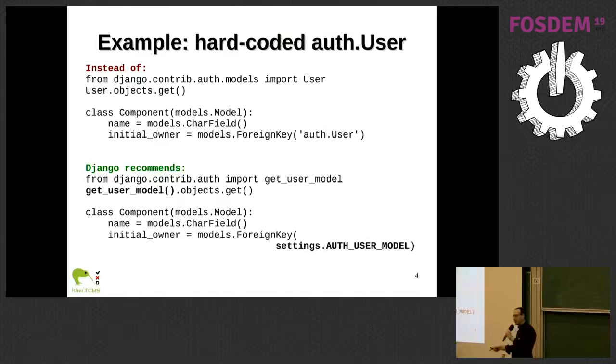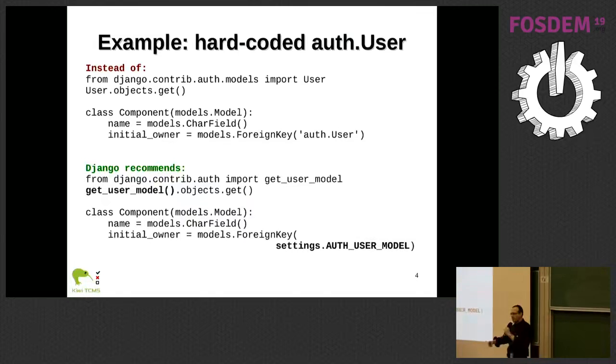We have a helper function which will give you the actual model at runtime, and you can query that. All of this is designed to facilitate downstream applications who may wish to change the stock user model and provide something else instead of the default. So this is one way to make your application aware of these things, make it follow the practices.